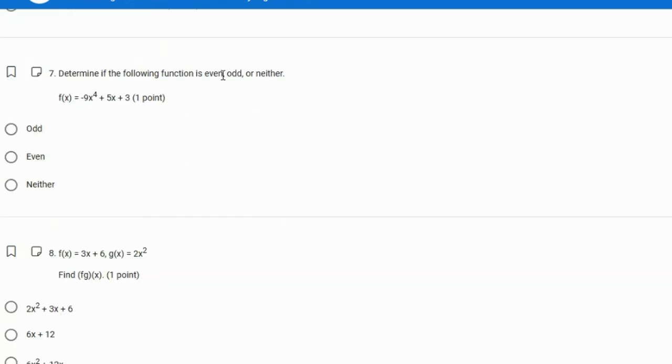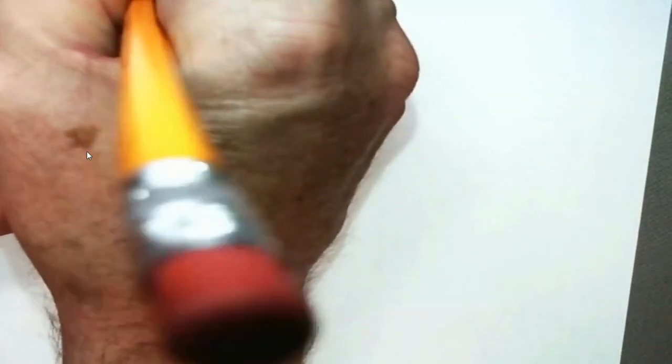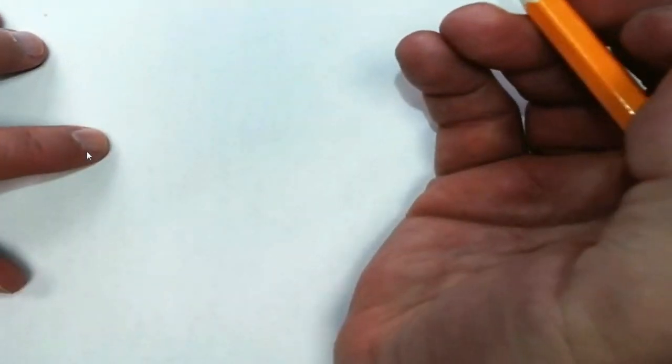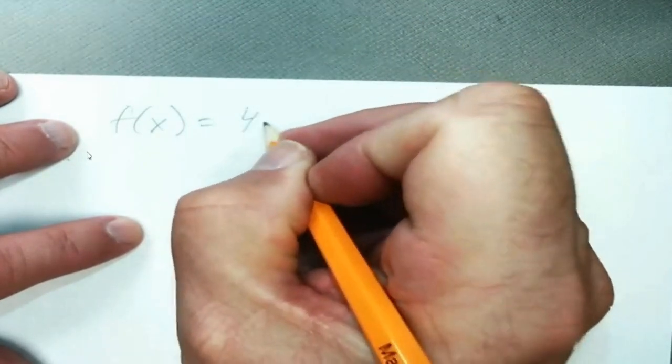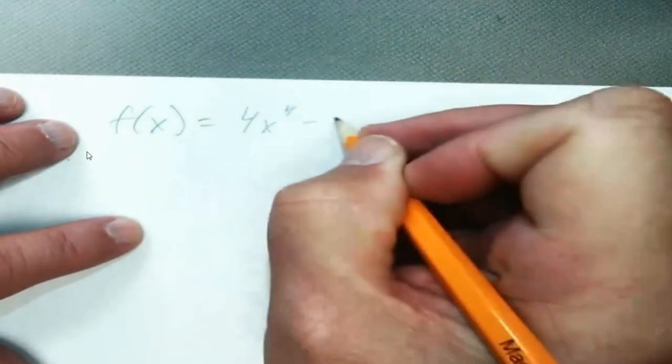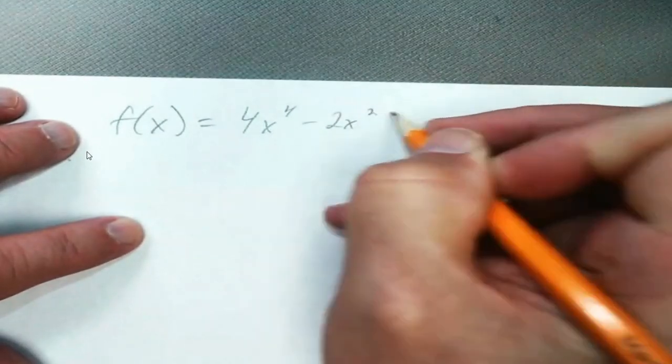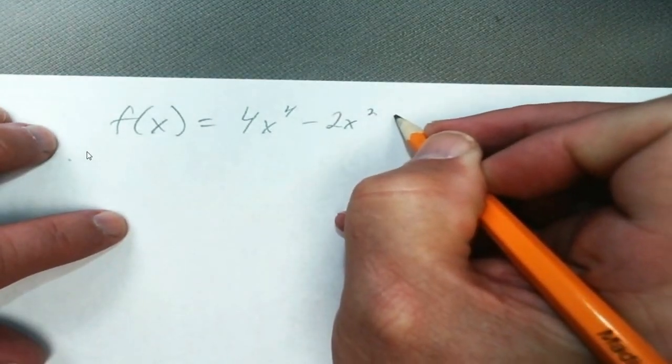Determine, is this even, odd, or neither? Remember how we do that? Let's review that real quick. If I want to know if an equation, let me get a sheet of paper here. So I've got this equation, and my equation is going to be 4x to the fourth minus 2x squared plus 1.